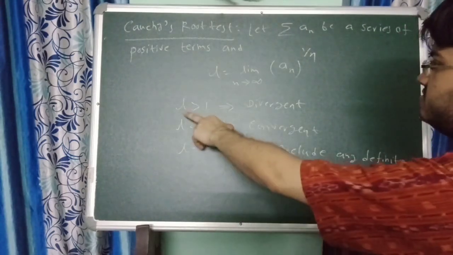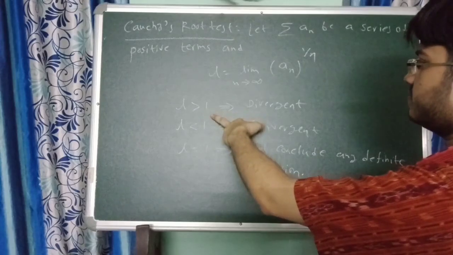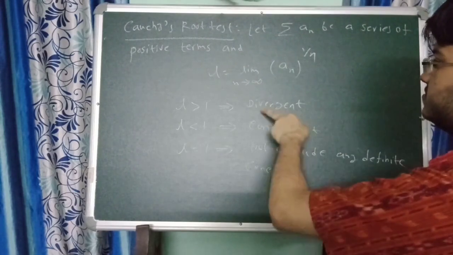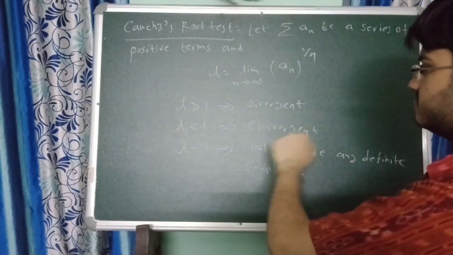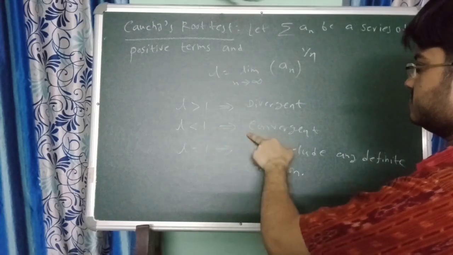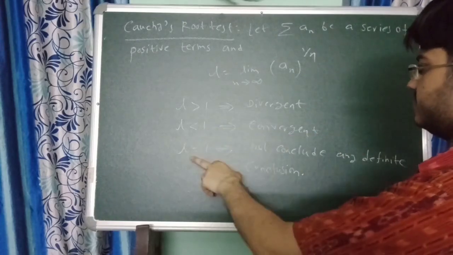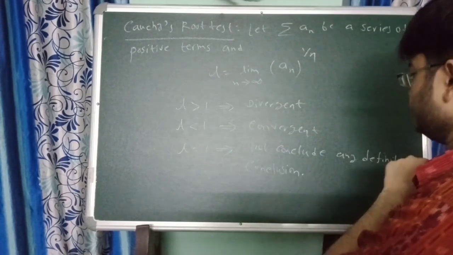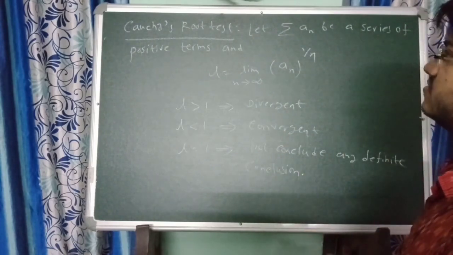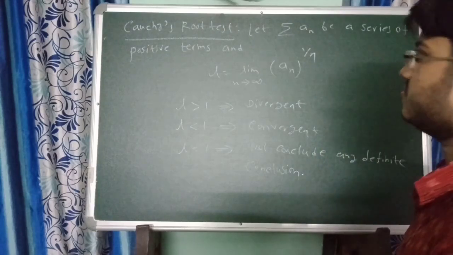Now when L is greater than 1, then the original series is divergent. This is number 1. When L is less than 1, the series is convergent, and when L equals 1, then we cannot reach any definite conclusion from this test, which is Cauchy's root test.